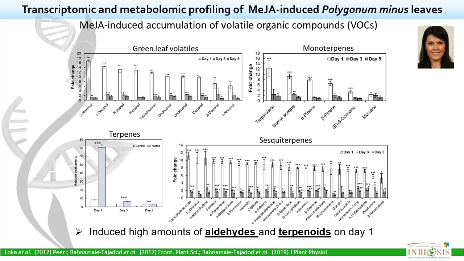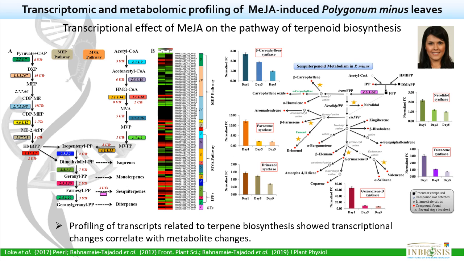So we demonstrated that a high amount of aldehyde and terpenoid are induced on day 1, which later on reduce over days 3 and 5. These inductions correlate with the increased expressions of the enzymes related to the synthesis of terpenoid and also the terpene biosynthesis pathway in general.